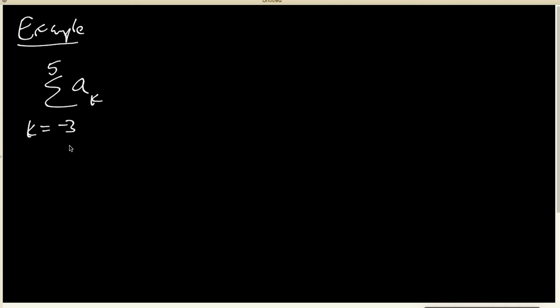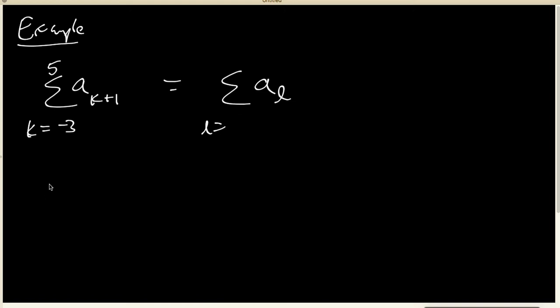As an example, suppose my first series is written as k goes from minus 3 up to 5 of a_{k+1}. I want to get rid of this complicated stuff here, and rewrite this as a_L, with L going from somewhere to somewhere.